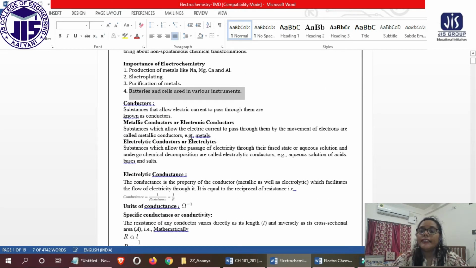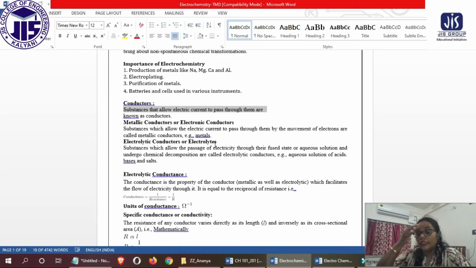Now what do you mean by conductors? Conductors are substances that allow electric current to pass through them. Conductors are such metals, such substances which can conduct electricity. Generally, if we have excess electrons, they will pass and conduct the electricity.